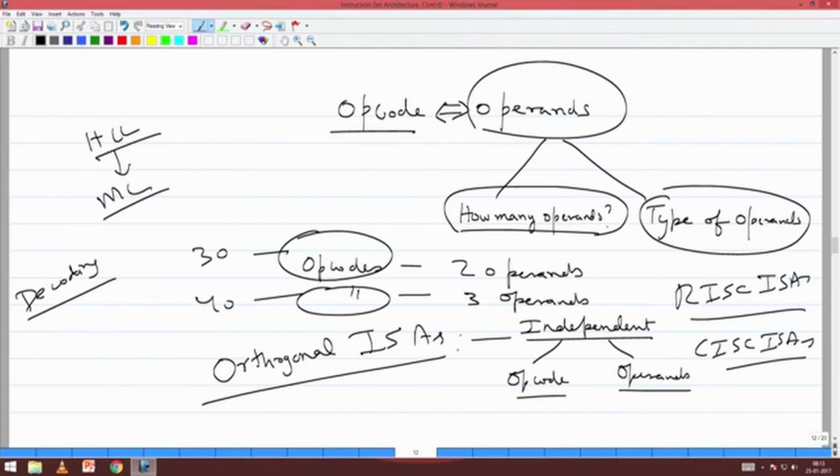I will try to be as orthogonal as possible. I can't have 100% orthogonality, and RISC ISAs are much more orthogonal than the CISC ISAs. That is why RISC processors do work faster.